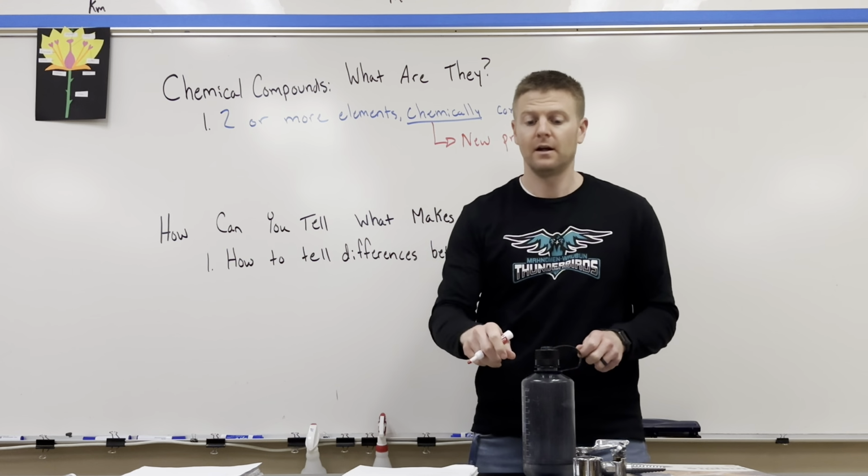Moving down on to, how can you tell what makes them up? So how do you tell differences between elements? So I gave you an example of H2O. Okay. Now note, capital letter, capital letter.